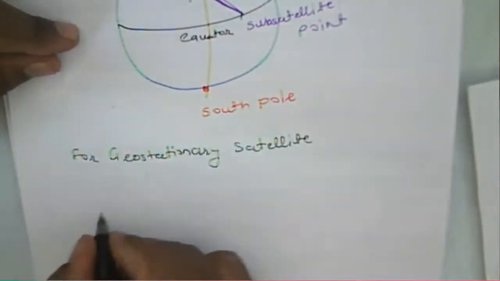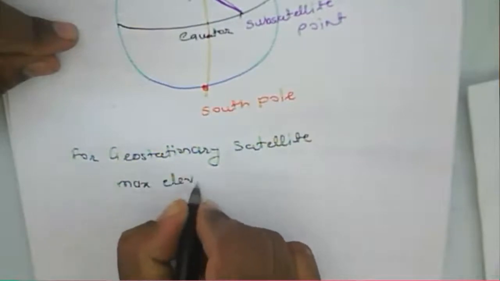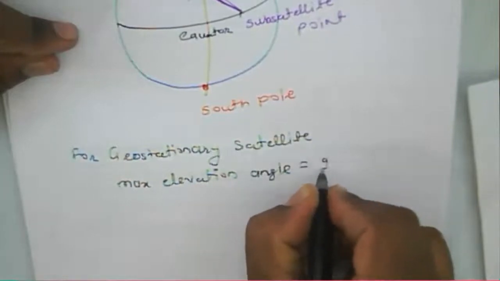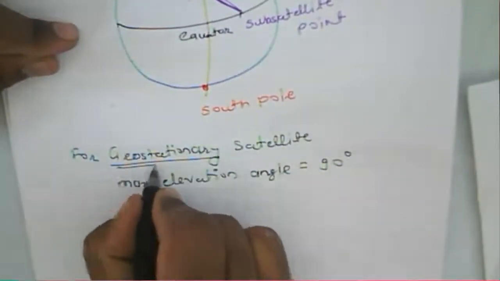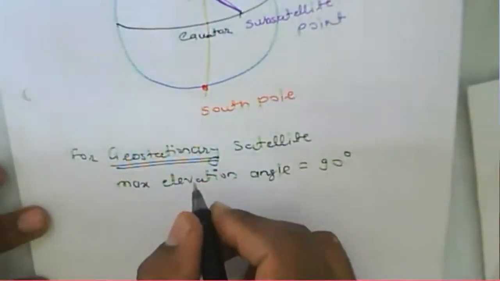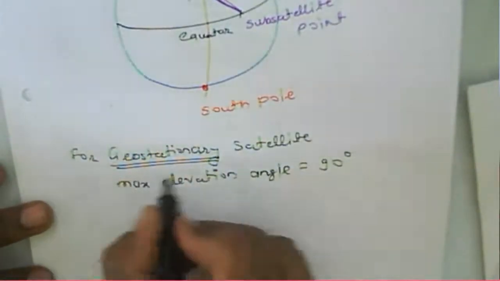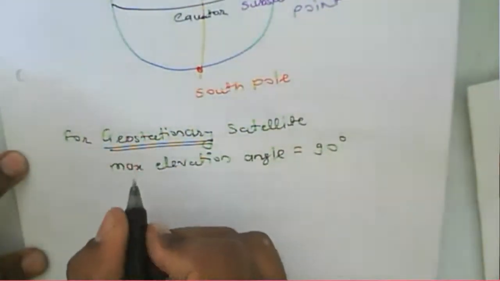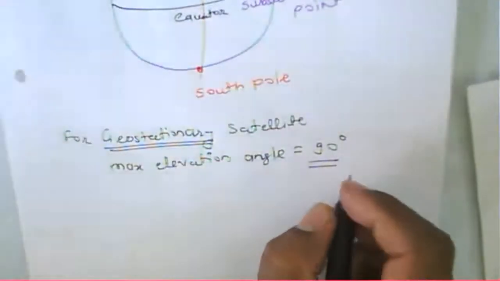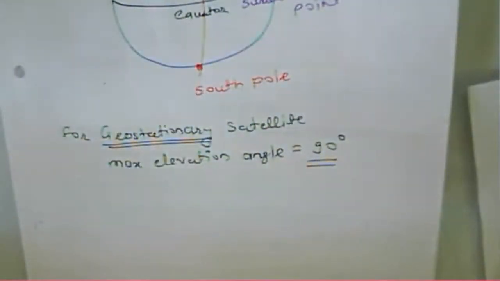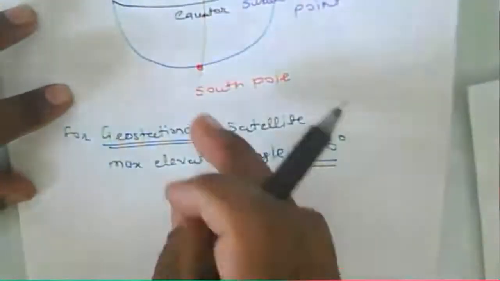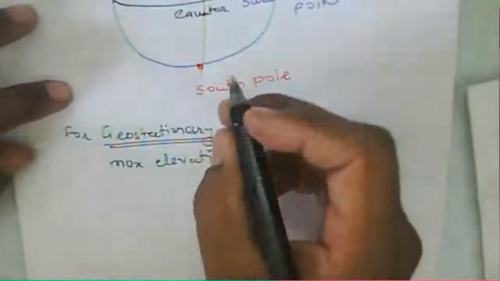For a geostationary satellite, the maximum elevation angle will be equal to 90 degrees. A geostationary satellite is always located on the equator, so the satellite will be on this particular equator, and that angle will be 90 degrees here.